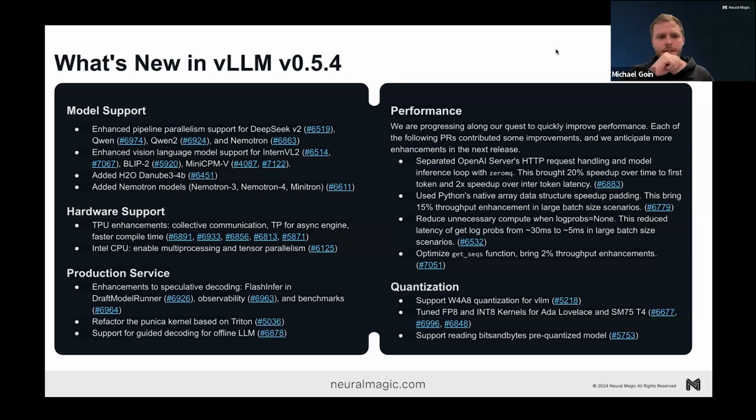Basically, as we mentioned before, there was a lot of new model support, and particularly a large expansion for pipeline parallelism, as we're building that PR out. It needs to be manually added to each model. On my personal side, we added support for Nemotron models, the very permissively licensed NVIDIA models.